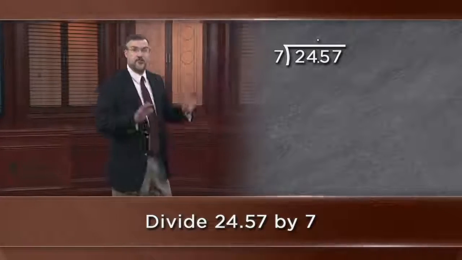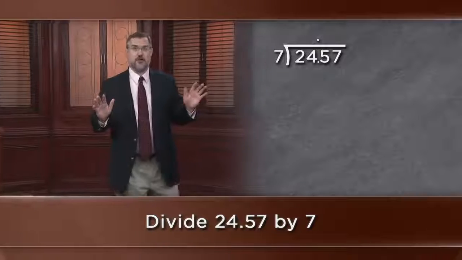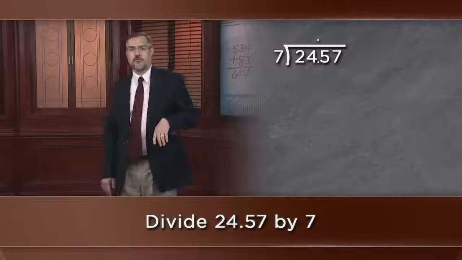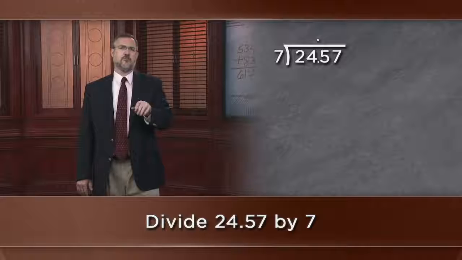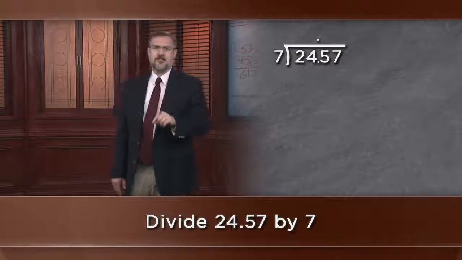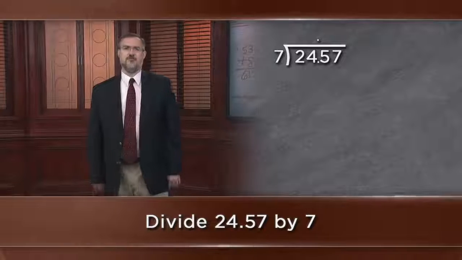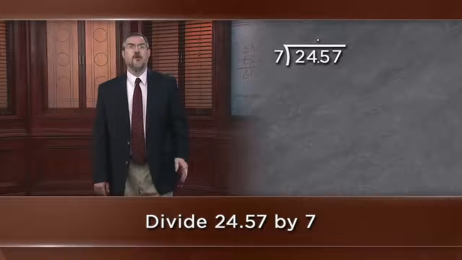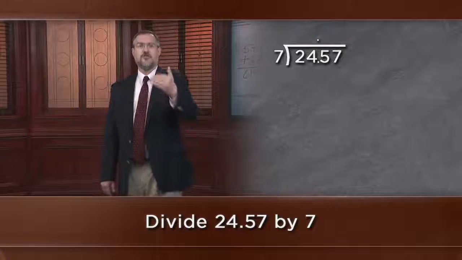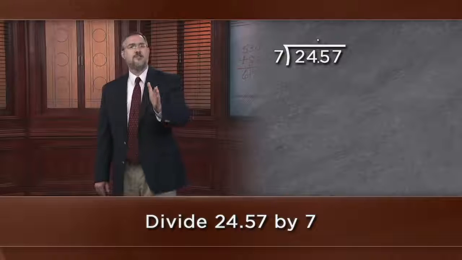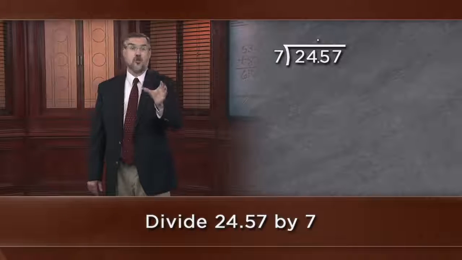Okay, now let's do the division. We've talked enough about the setup of the problem, which of course is very important, but now we need to walk through the division. So let's do it just like we did with whole numbers. How many times does 7 divide 2? Well, 0 times because the 7 is too big and the 2 is too small. So we're going to give ourselves another digit and we're going to ask, how many times does the 7 divide 24?